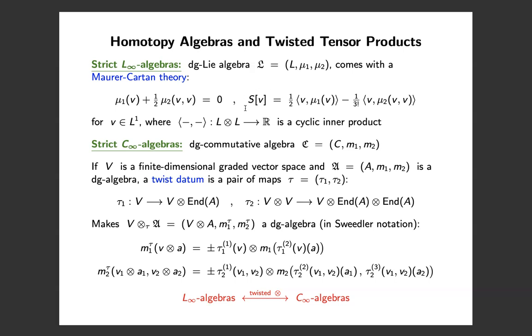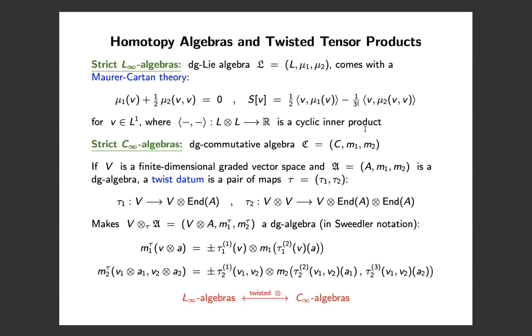The variation of this functional with respect to these degree 1 elements V just gives these equations. So the key message to understand here is that given the algebraic data of a differential graded Lie algebra, there's a Maurer-Cartan theory associated to it, which is your physical theory. It gives you the action functional, or just the equations of motion.